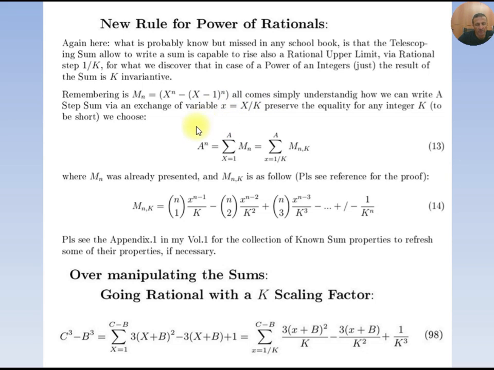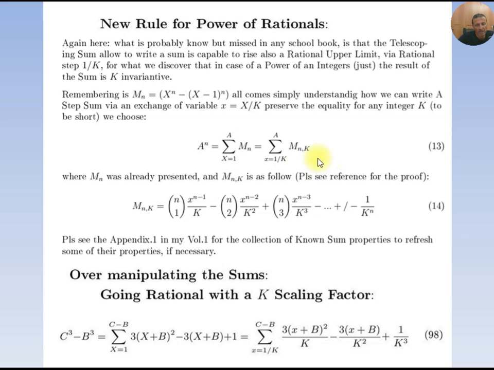So I can write a to the n as the sum from x equal to 1 to a of m n, where n, of course, is the nth power we are choosing. So it is equal to the sum over lowercase x from 1 over k to a of m n k, where m n k is now the new telescopic sum for rationals.